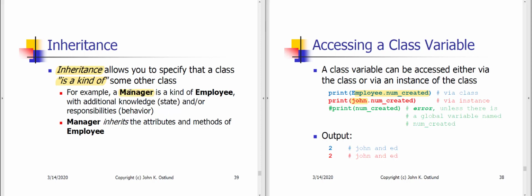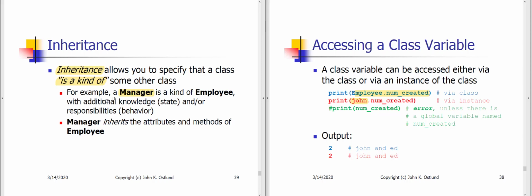In our case, since we have employee objects, we might also want to be able to create manager objects. Well, a manager is a kind of employee. A manager also has a name, an ID number, and a rate. And a manager also needs to be able to be initialized and converted to a string and given raises.